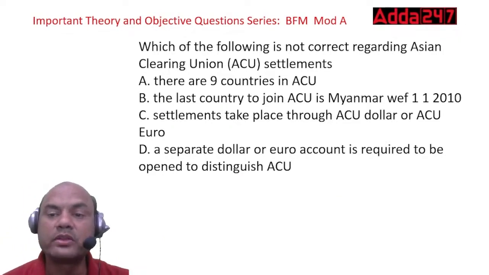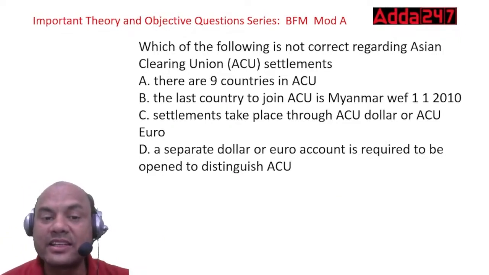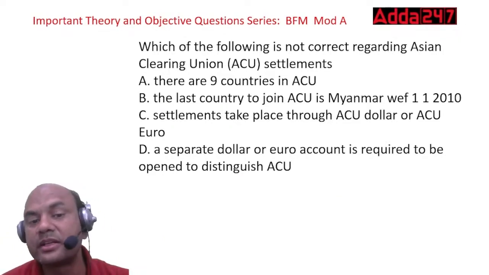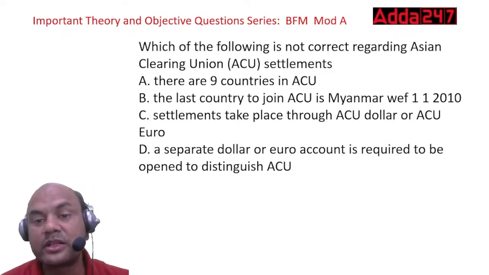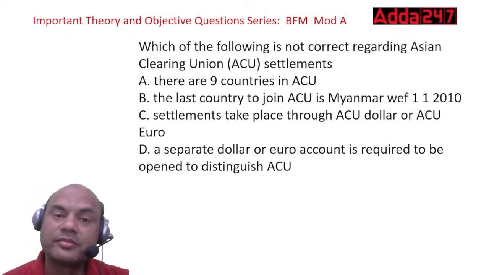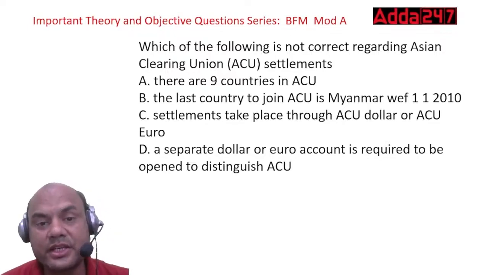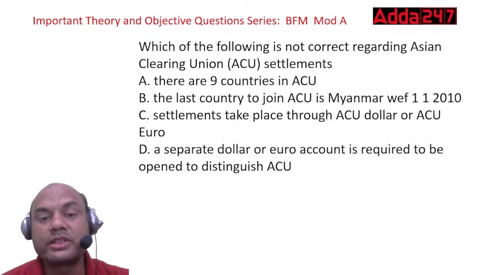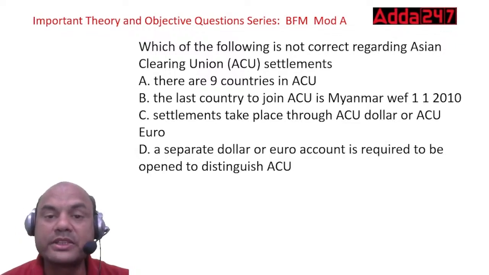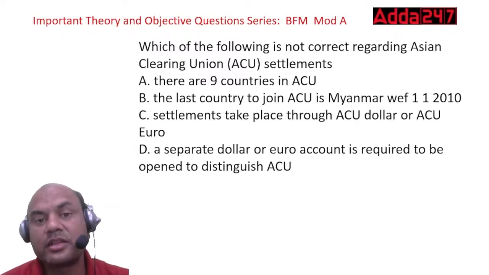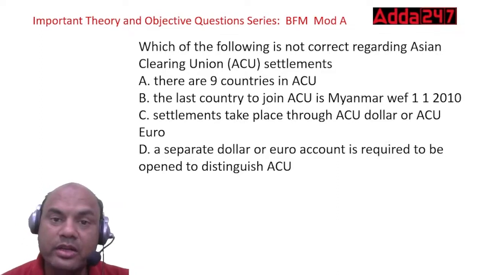Which of the following is not correct regarding Asian Currency Union settlements? ACU settlements. Now what is ACU? ACU are the 9 countries in Asia which have formed something called as ACU dollar. Now ACU dollar is not a separate dollar.